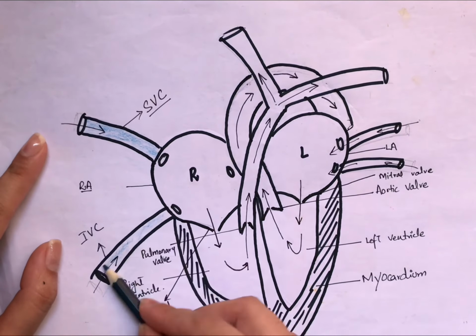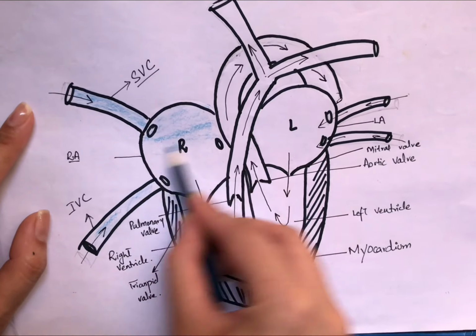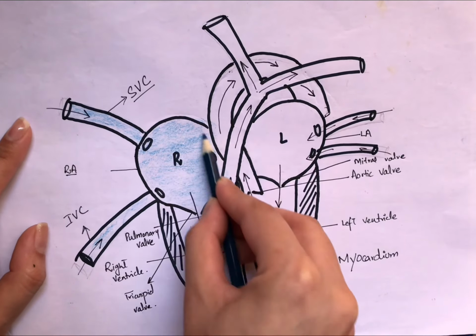So let's color our diagram. On the right side it is deoxygenated blood.